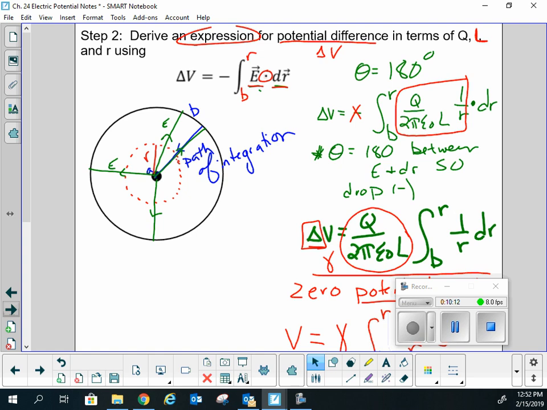You're doing that same operation and coming up with an expression for your potential as a function of radius using your field that you found using the spherical Gaussian surface. All right, good luck. And I look forward to seeing what you came up with on Monday.